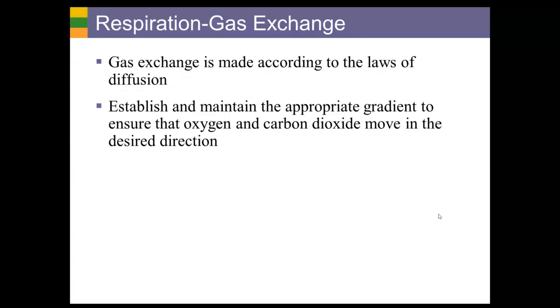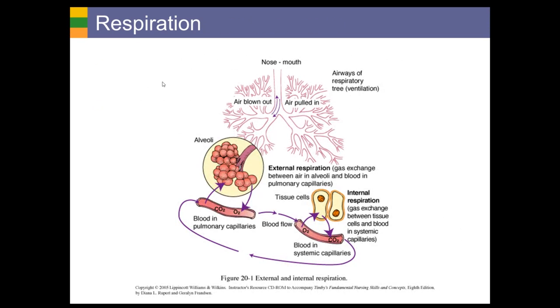That also is important for establishing the appropriate gradient at the systemic capillaries, because there we want oxygen moving out of the blood into the tissues, and carbon dioxide moving the opposite way. This figure shows what's happening in internal and external respiration, but whether we're talking about internal or external gas exchange, we are talking about diffusion, and what's driving that diffusion is the gradients.